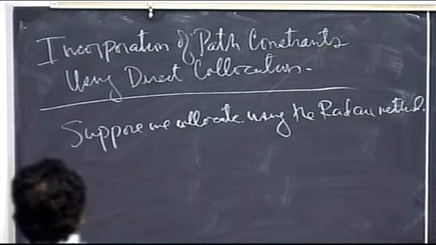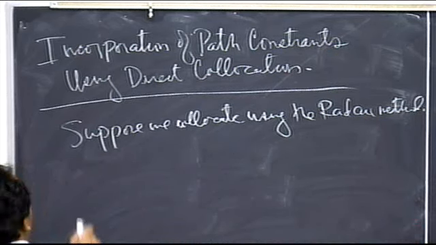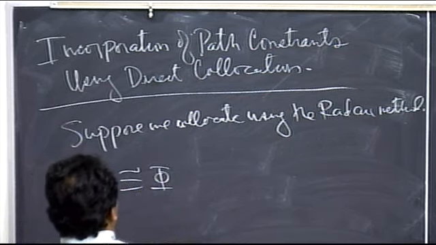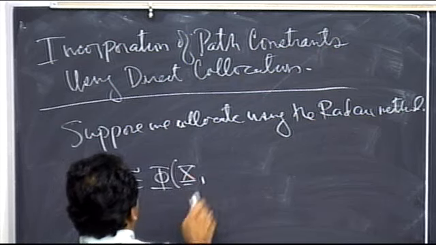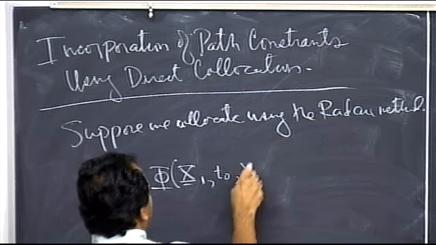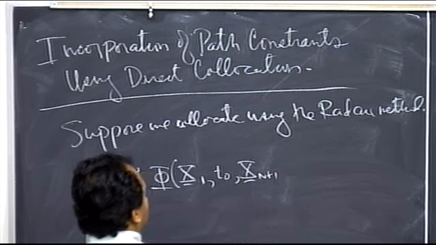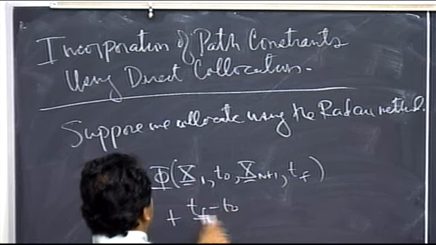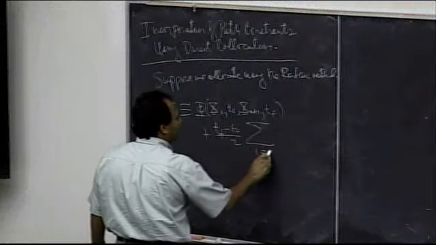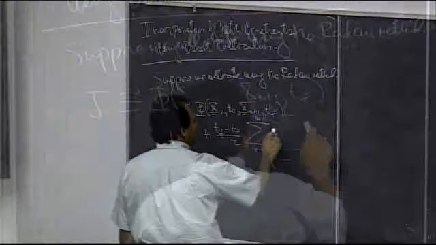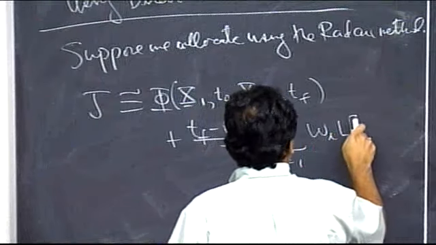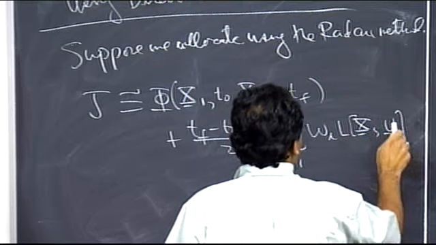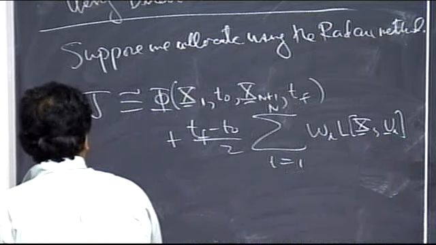If you remember, the optimal control problem, when I use the Radau method, my cost is approximated by this function phi, which is a function of my initial state, my initial time, my final state, after the discretization, and final time, plus (tf minus t0) over 2 times the sum from i equals 1 to N of w_i times L of x_i, u_i, right?